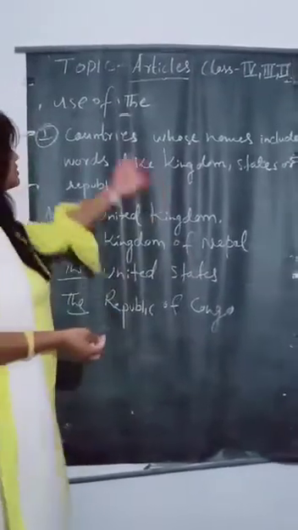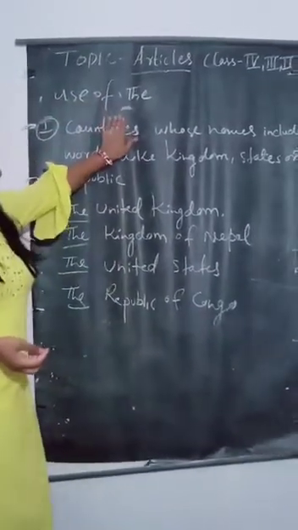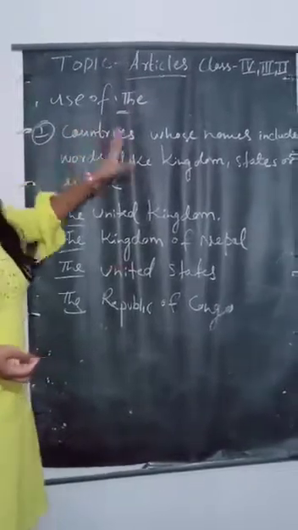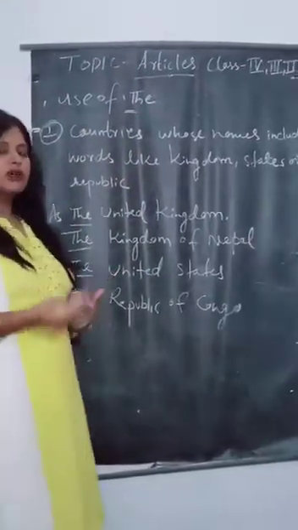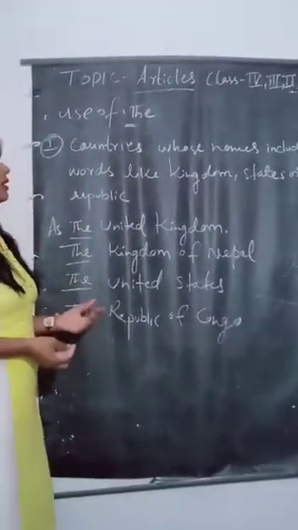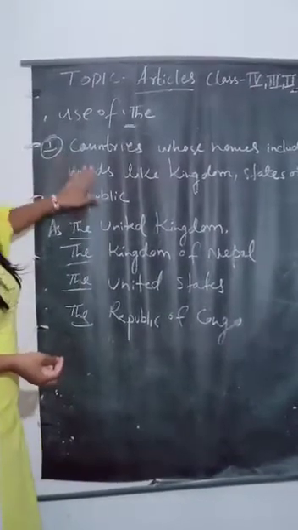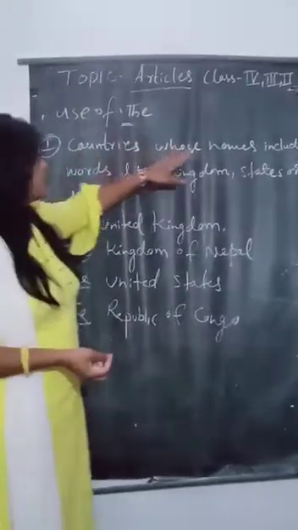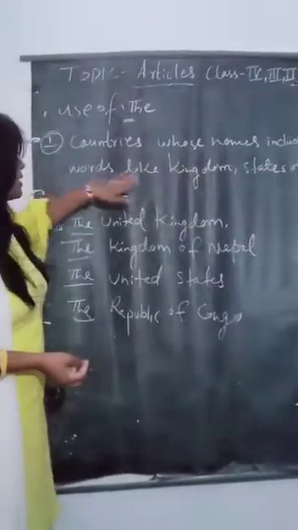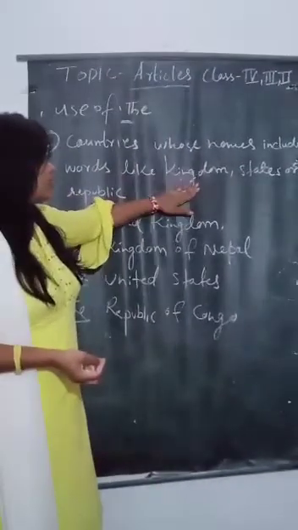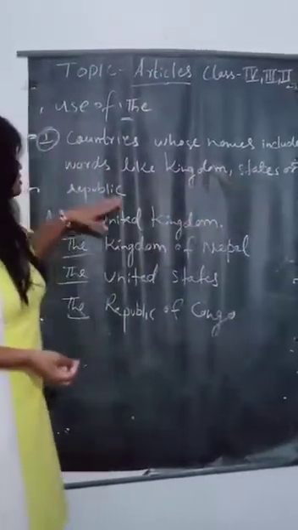So students, let's see the uses of the. We use the before certain things. First, countries whose names include words like kingdom, states or republic.